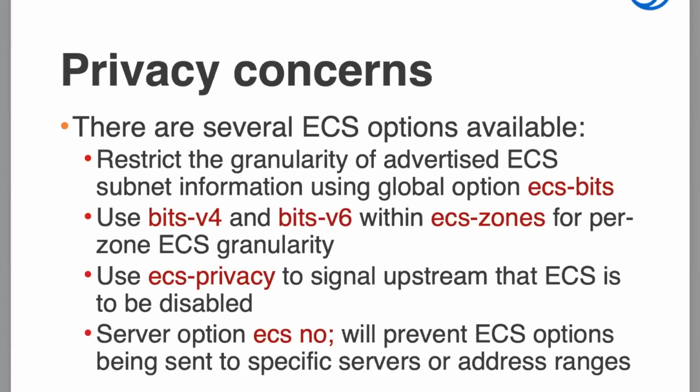And if you know that you have some servers that you really mustn't send ECS options to because they will do bizarre things in their replies or just not respond, well, then you can turn it off in the same way as you can turn off various other EDNS options on a specific server basis. Sad, but unfortunately, sometimes you have to do things. And yes, it is kind of whack-a-mole. You're going to have to keep updating this as you find exceptions that you need to add.